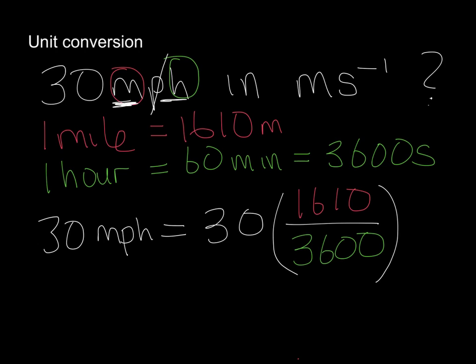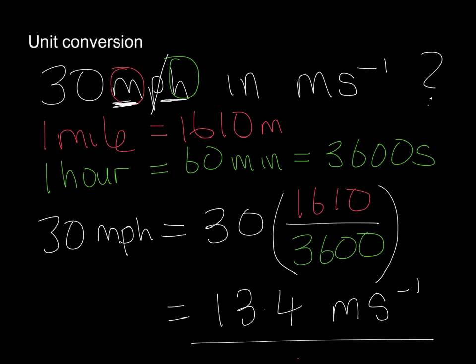If we perform that calculation on a calculator, the number turns out to be 13.4 meters per second, meters over seconds. I prefer to write my symbols like that. You may see it written like that, but it's the same thing.